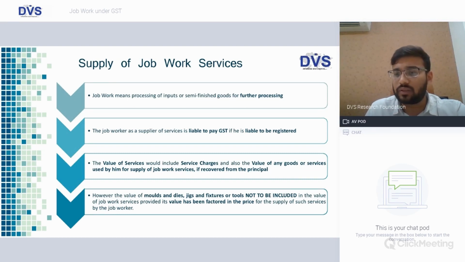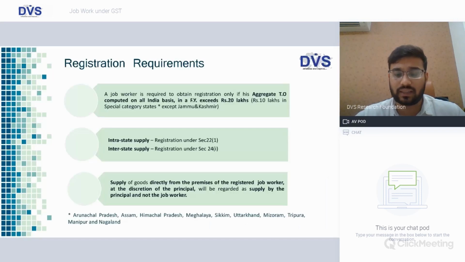Supply of job work services. Job work means processing of inputs or semi-finished goods for further processing. The job worker as a supplier of services is liable to pay GST only if he is liable to be registered. So for registration requirements, it is 10 lakh and 20 lakh. 10 lakh in case of special category states, which are Arunachal Pradesh, Assam, Himachal Pradesh, Meghalaya, Sikkim, Uttarakhand, Mizoram, Tripura, Manipur, and Nagaland.